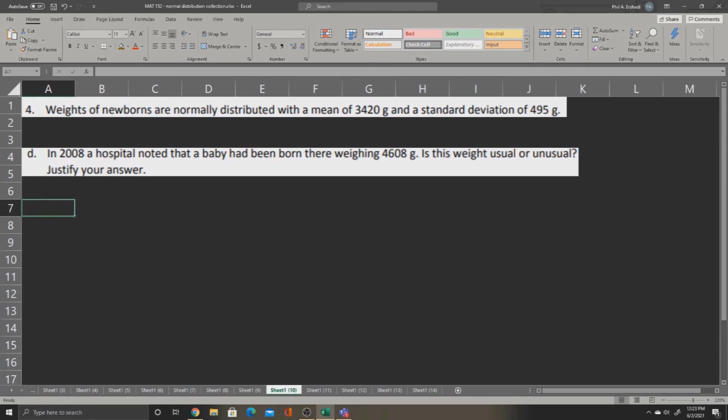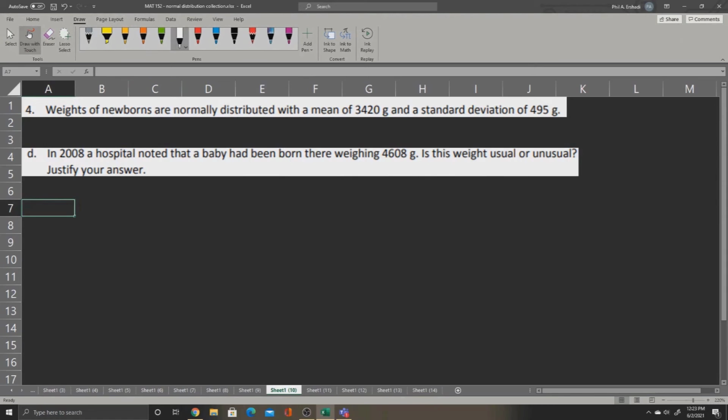Problem D says, in 2008, a hospital noted that a baby had been born there weighing 4,608 grams. Is this weight usual or unusual? Now remember, in order to get the unusually high weight, we take the mean and add 2 standard deviations. To find the unusually low value, instead of saying plus 2 standard deviations, we say minus 2 standard deviations.